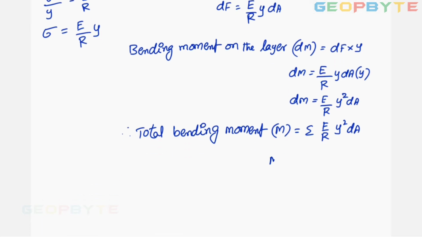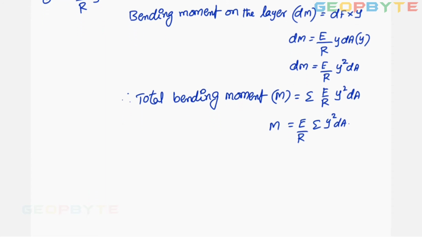E, Young's modulus, is constant, and the radius of curvature R is also constant for a particular dimension of the body and loading. So it is E by R times the algebraic sum of y square into dA. As we know, the algebraic sum of y square into dA is called second moment of area or moment of inertia.